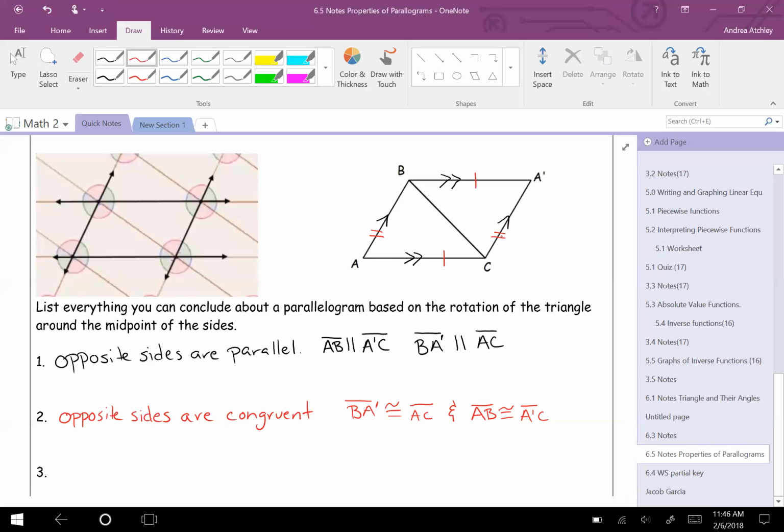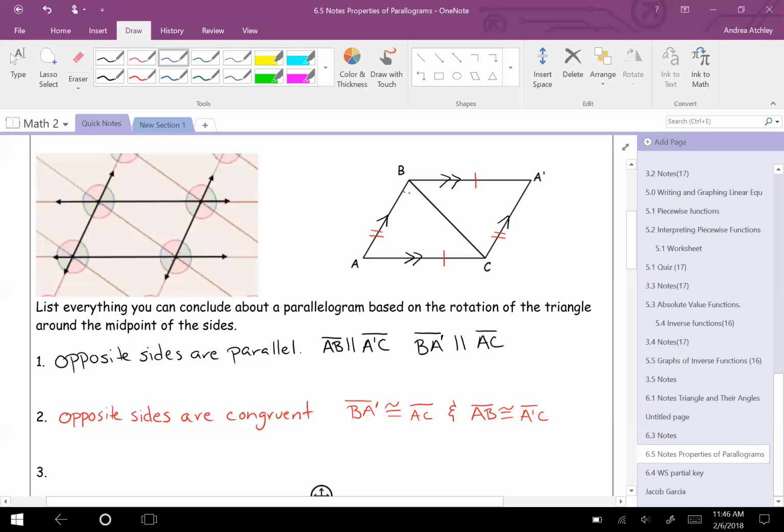Now we need to talk about angles. What angles are congruent in here? Anyone have an idea? What angles look congruent here? Yeah? Angle B and angle C. Okay, we want to have the bigger angles.